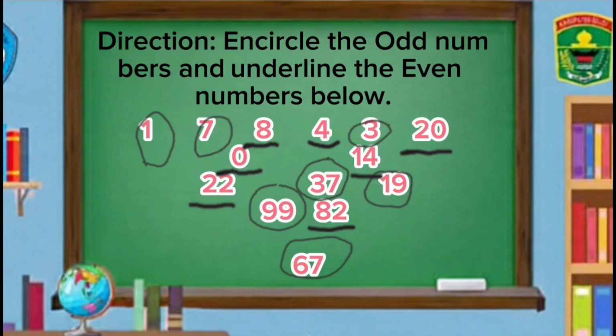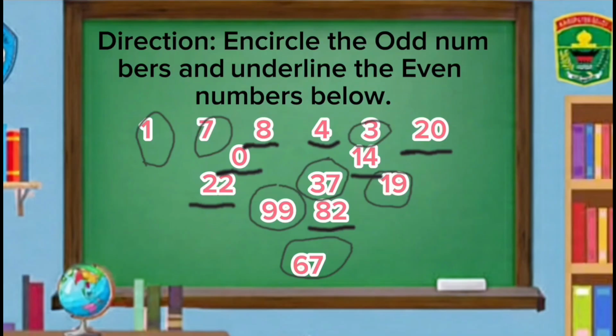Now, I will ask you, how did you know that 82 is an even number? Explain your answer. Yes, very good. 82 is an even number because it can be paired and the last digit is 2.